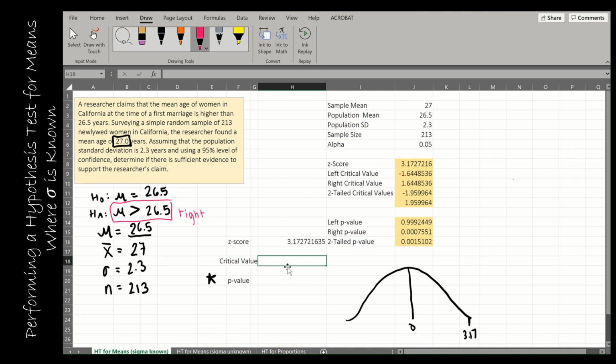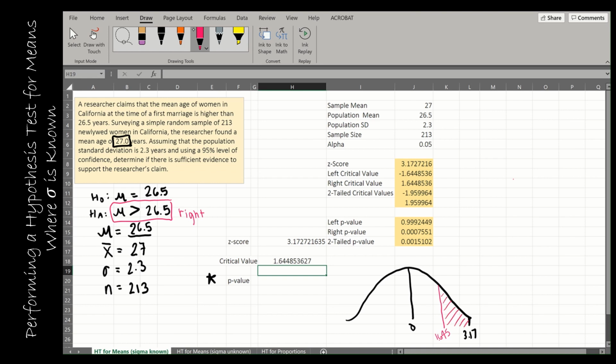So I'm going to here take norm.s.inv of 1 minus alpha. Oops, 1 minus 0.05. So that's 1.645. That number is somewhere over here. So 1.645.